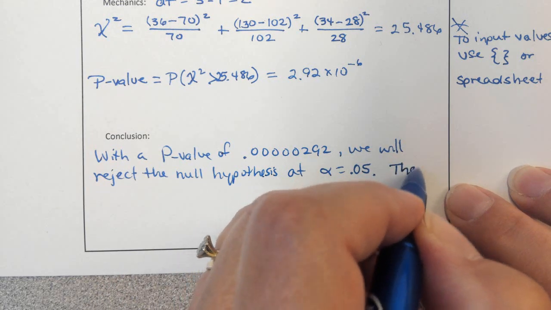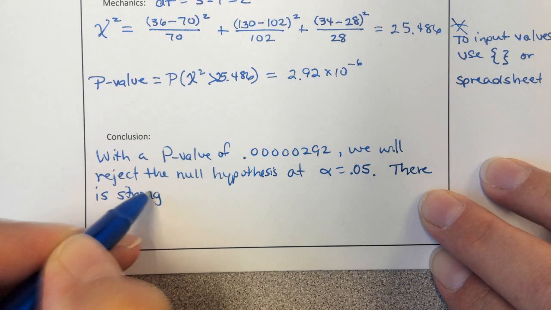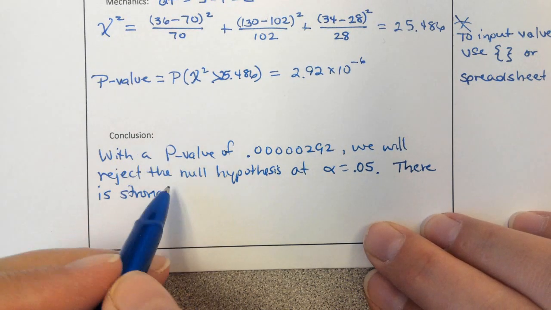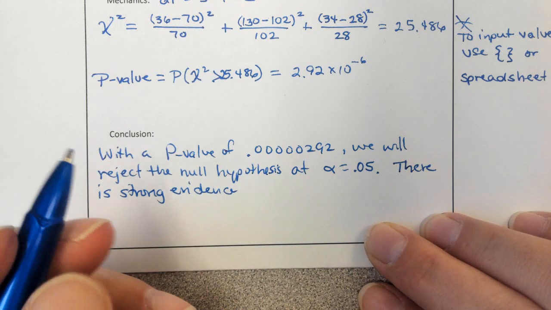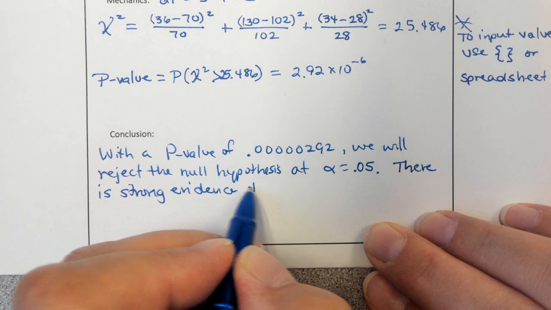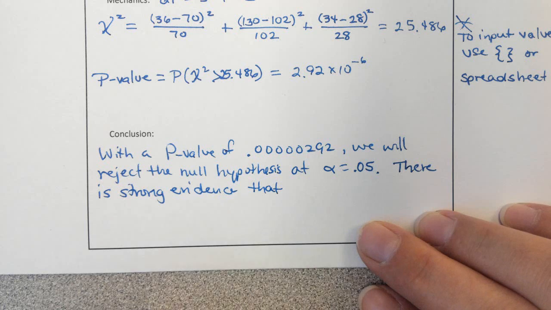There is strong evidence. This is a really small p-value, so the evidence is quite strong. That, now I'm going to go back to the last sentence in the problem stem about one or more age groups buying a disproportionate share of lottery tickets. And I'm just going to state that. I have evidence that that actually is happening.